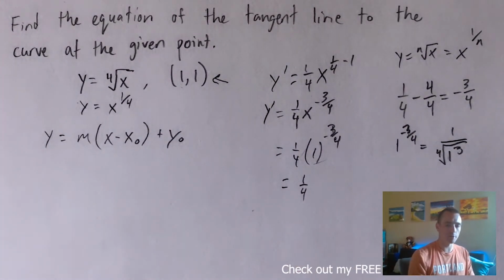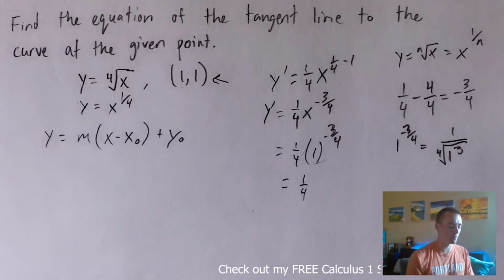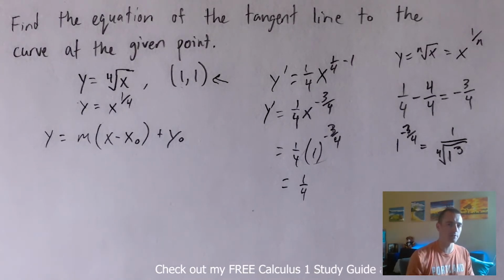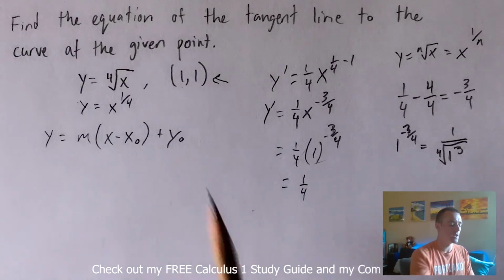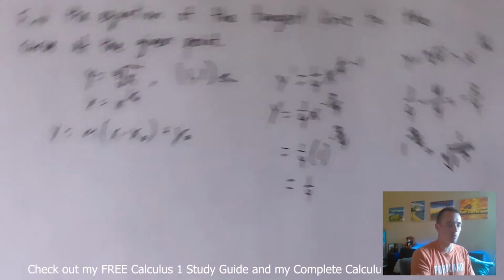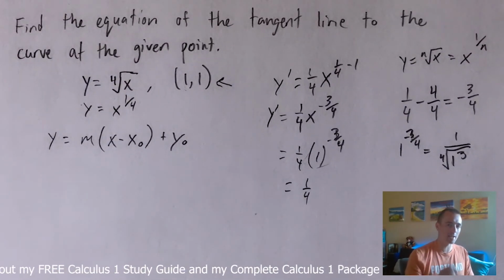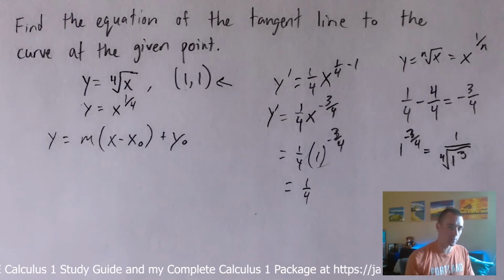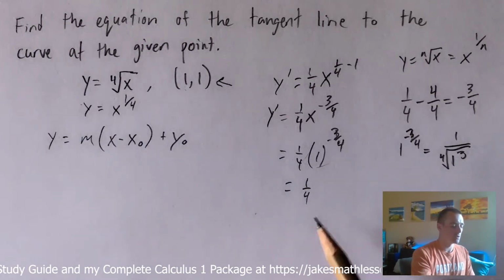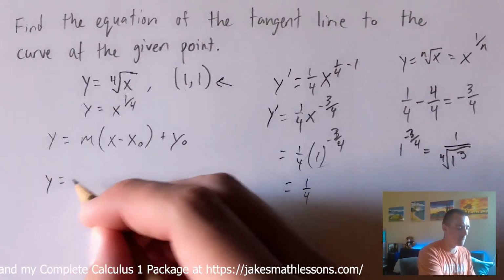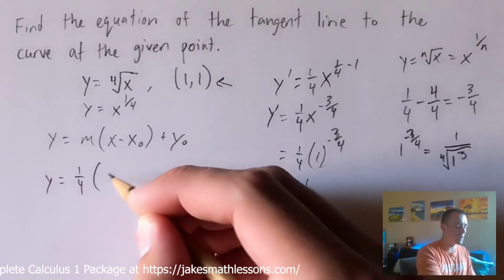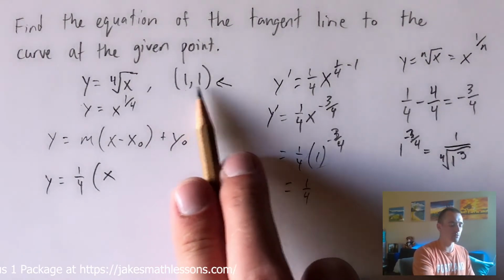So the slope of our tangent line needs to be 1/4, because again, the derivative tells us about the slope of our function. Since we plugged in that point, we know its slope is 1/4 at the point that it has to go through, and it has to have the same slope at that point, by definition of a tangent line. So we can plug in 1/4 for m. And then, like I said, we already know that it goes through the point 1, 1.